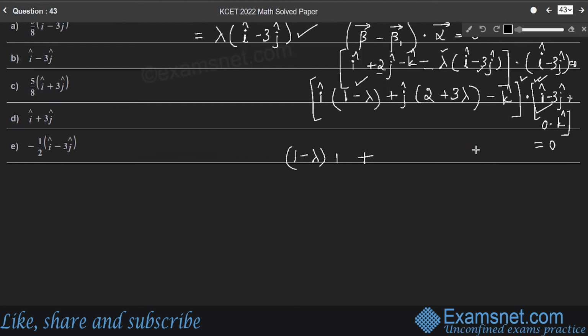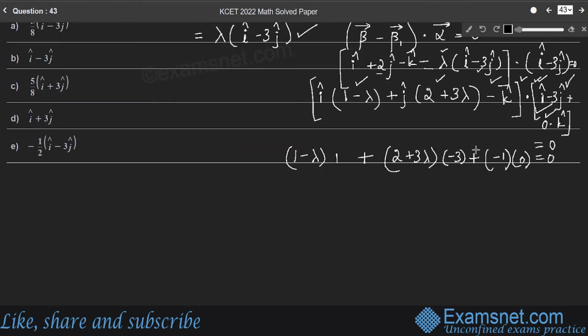Plus the product of the coefficients of j cap: 2 plus 3 lambda, and the coefficient of j cap in the second term is minus 3, into minus 3. Plus the product of the coefficients of k cap: minus 1, and in the second term it is 0, is equal to 0, right?